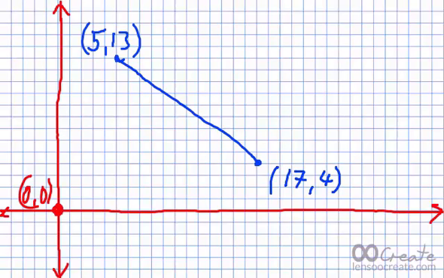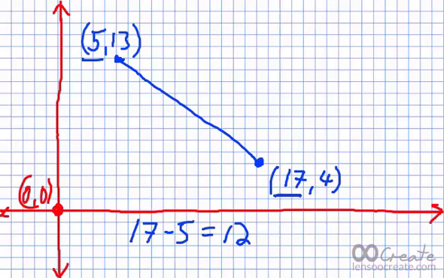And instead of having to count steps, you can just look at the numbers and subtract them. So if I know that the x value of the point over here is 17, and the x value of my upper point over here is 5, then I know that the distance between them is 17 minus 5.